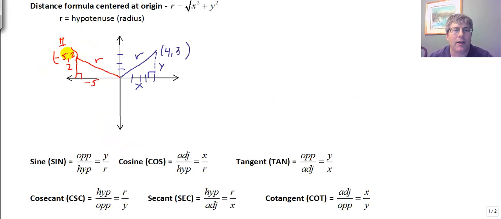So looking at our right triangles here, let's take a look at the first one from the point 4, 3. Our reference angle then becomes this angle from our initial side out to r, our hypotenuse. Okay, so this is going to be our angle theta.